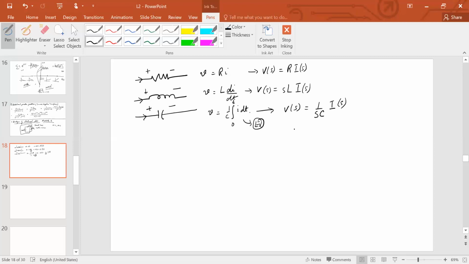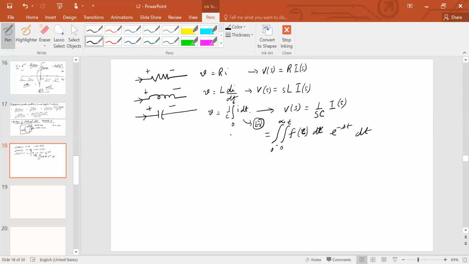What I'm asking you to show is essentially the integral from 0 to t of f(t) dt, that is, the integral from 0 minus to infinity of the integral of f(tau) d tau, times e to the power minus st, dt.